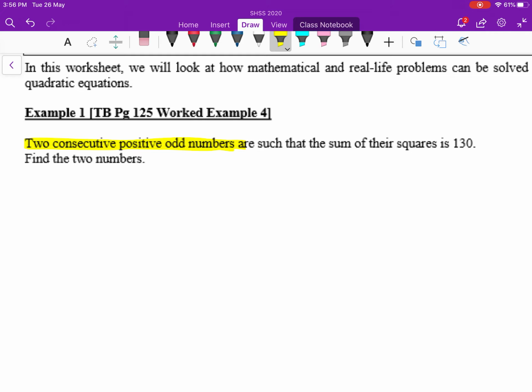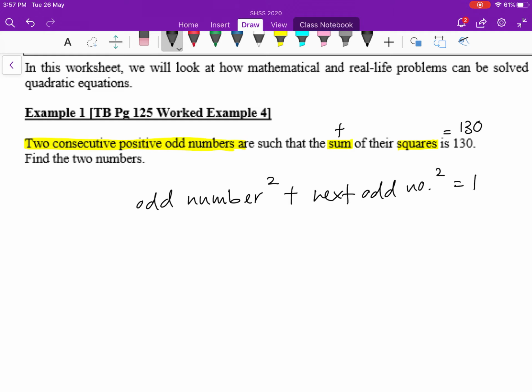So I have two of them, such that the sum of their squares, sum means I add them together, is 130, which means the first positive odd number, I square it, plus the next positive odd number, I square it, I should get 130. This is what the question is saying.